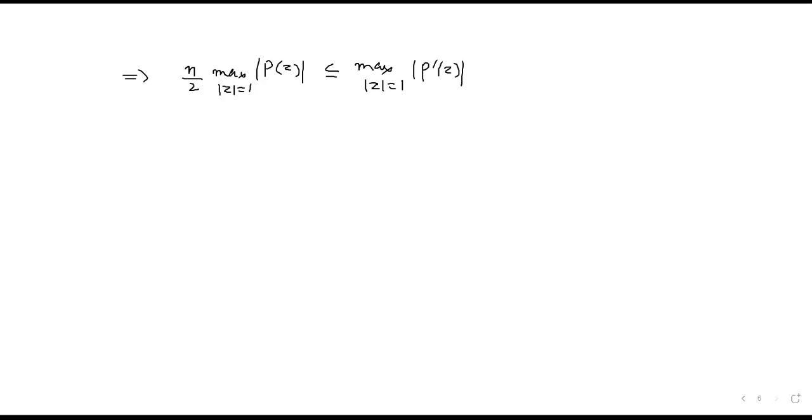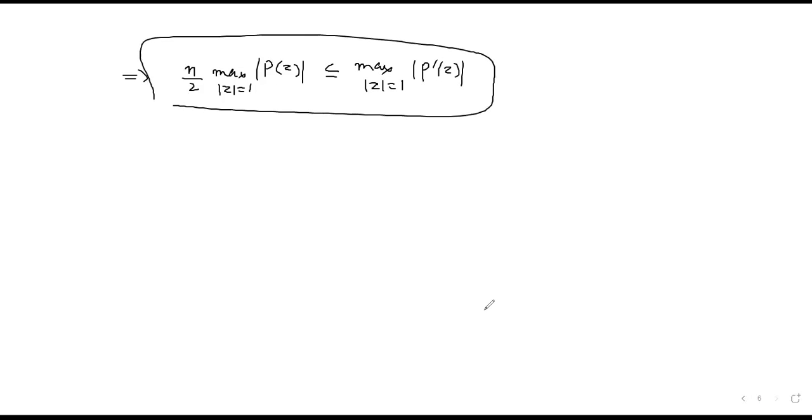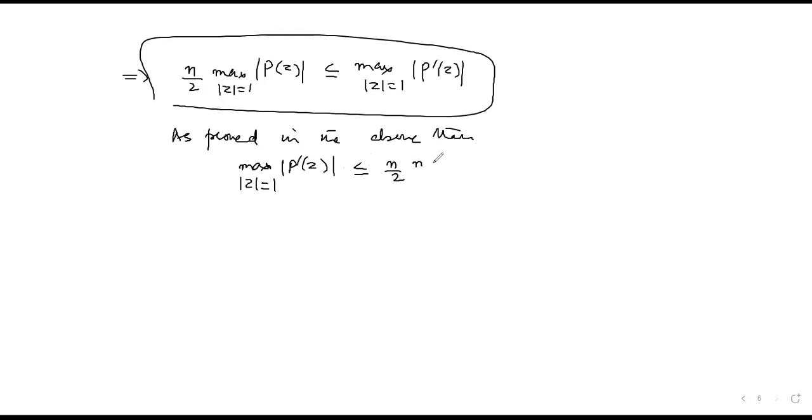So we have just proved exactly the reverse of this, right? Now as we proved in the above theorem, what did we do? We did the opposite: the maximum over mod z equal to 1 of p dash of z is less than or equal to n by 2 times p of z.